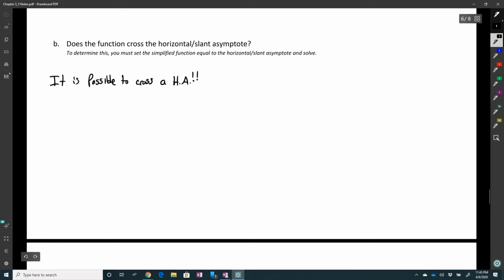So in order to figure that out, all you got to do is you get your equation and you set it equal to whatever the horizontal asymptote is. And I should say further your simplified equation.